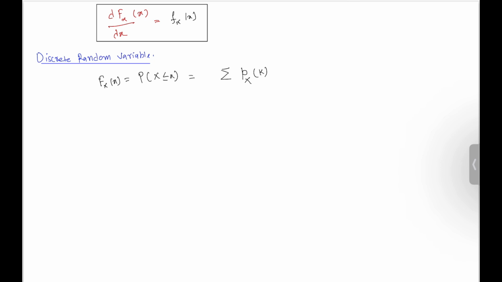And if you have to find all the probabilities, what will you do? You will sum over all the possible values of k, right? But since we are writing it for the CDF, and this CDF is a function of this little x, depending upon this little x you will sum the probabilities till x, right?